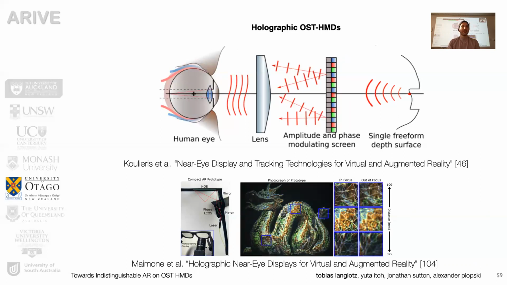You create a virtual image that you can really focus: you can hold your finger here and the rest is blurred, or you can focus on the background and then your finger is blurred. So it really creates an image like in the real world with all focus cues, which is relatively hard to achieve. These approaches have a couple of problems, but I think there's a general agreement that this is the direction we should go. Personally, despite some of the drawbacks, I also think this is the future.